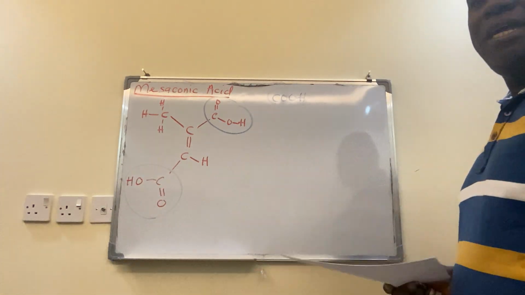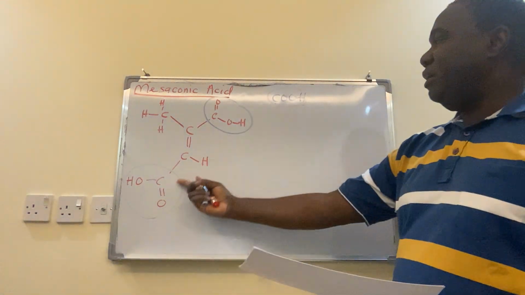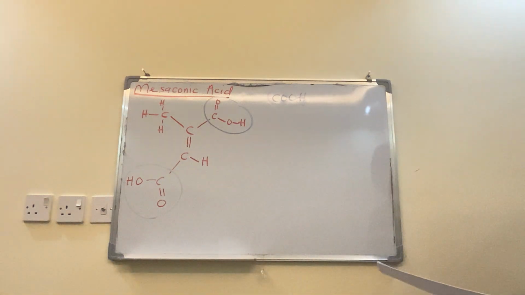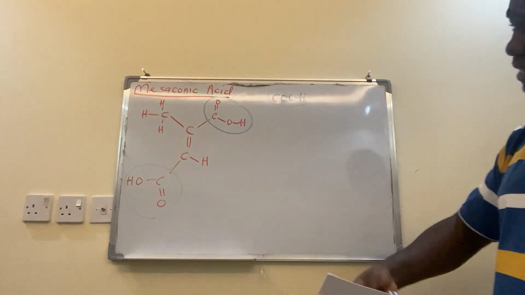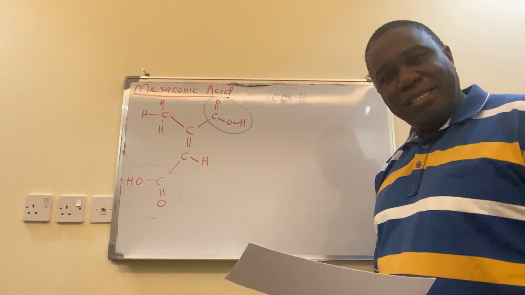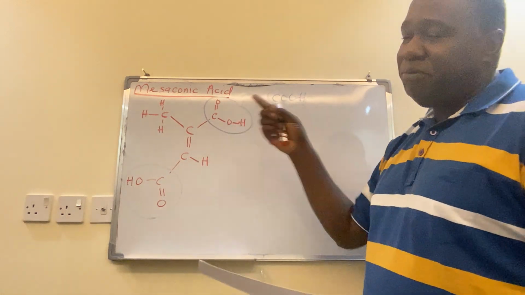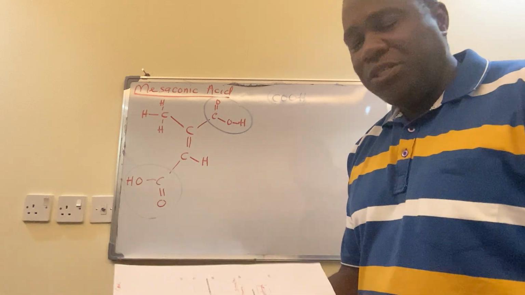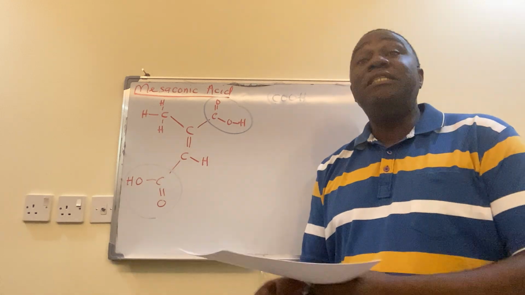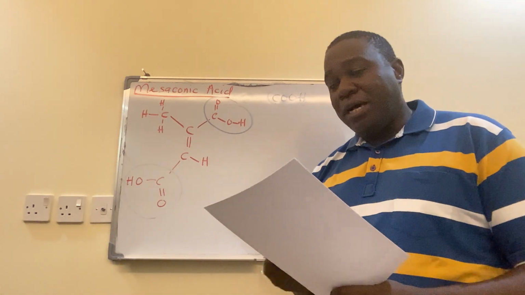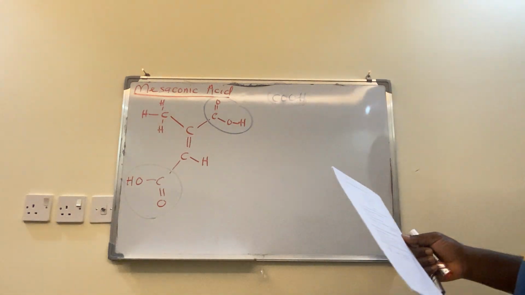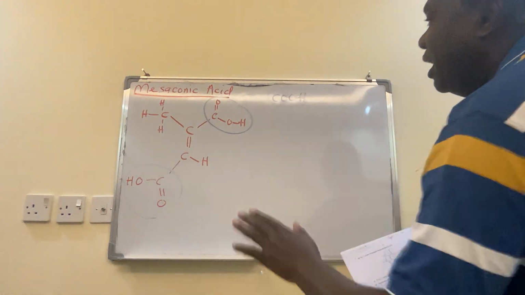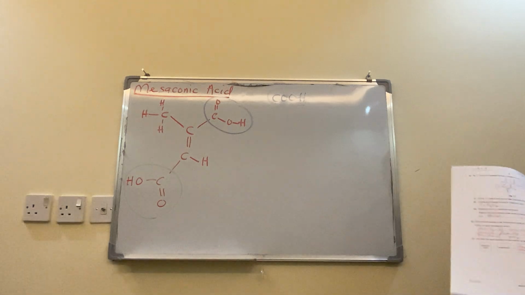So mesoconic acid, you can say it's a dicarboxylic acid because it has two functional groups for the carboxylic acid. I suppose you still remember the functional group carboxylic acid and some of the typical reactions associated with it. Then the next question was saying deduce the molecular formula of mesoconic acid.